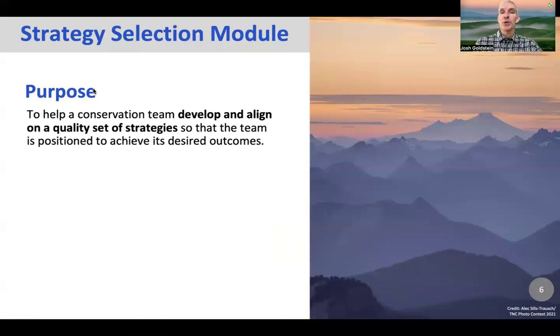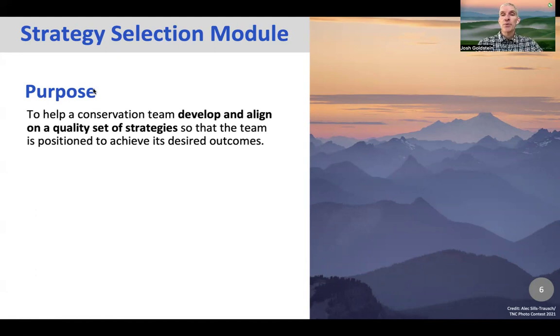The purpose of this module is to help a team develop and align on a quality set of strategies so that the team is positioned to achieve its desired outcomes. I'll explain in a bit what we mean by a quality set, but for now, I just want to note the importance of both developing ideas alongside the team and using this process to align on and have a shared commitment to implementing the selected strategy.